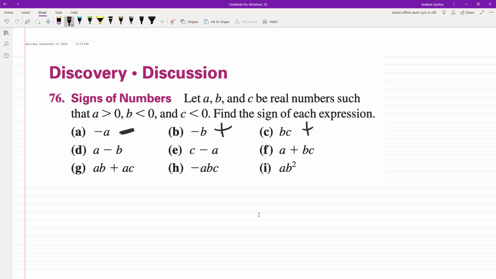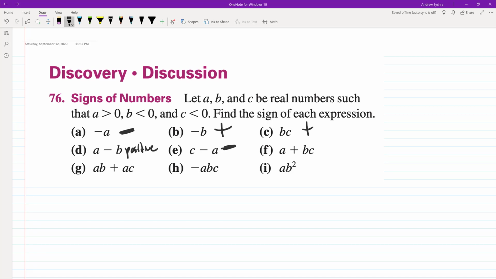A minus B. I guess that could be positive or negative. Positive, I guess. Oh yeah, that's right. C minus A. Negative.